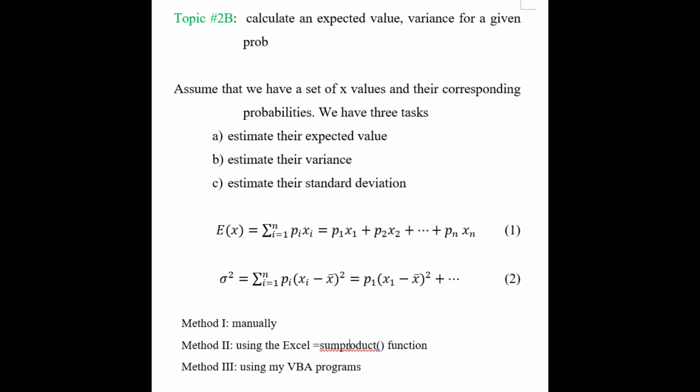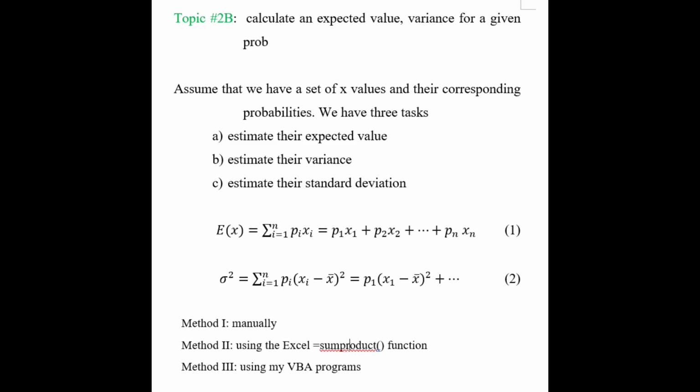When we calculate the variance, we calculate squared deviation times its corresponding probability. For example, the first item is P1 times squared deviation of x1. The second item is P2 times squared deviation of x2, and continue this way until the last one.